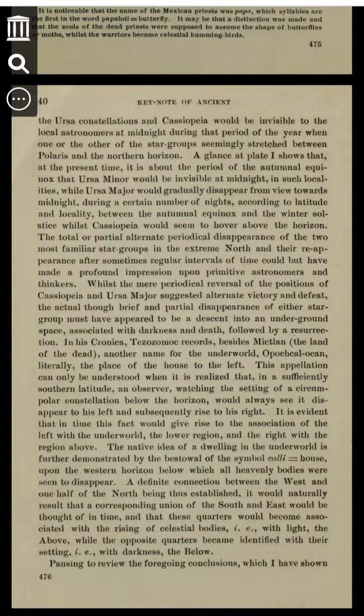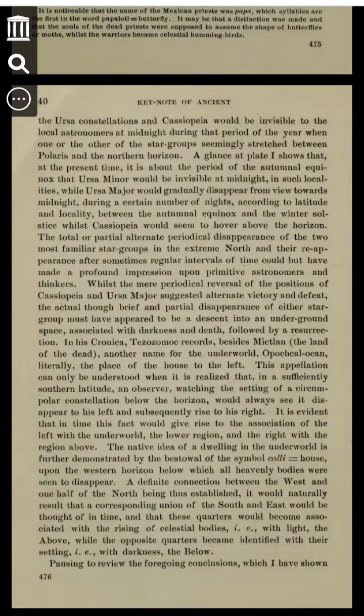All right. So where we left off, the Ursa constellations and Cassiopeia would be invisible to local astronomers at midnight during that period of the year when one or the other of the star groups seemingly stretch between Polaris and the northern horizon.